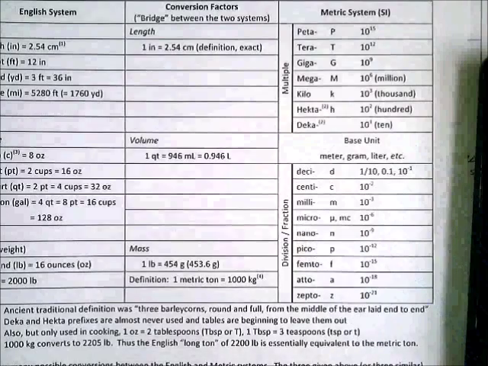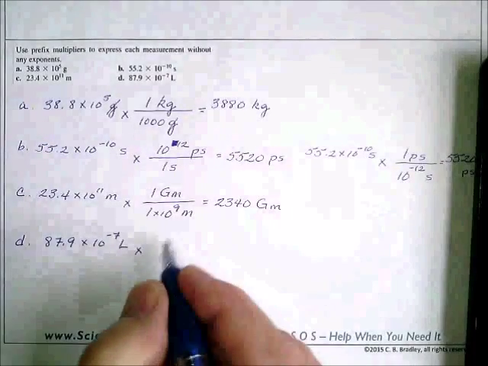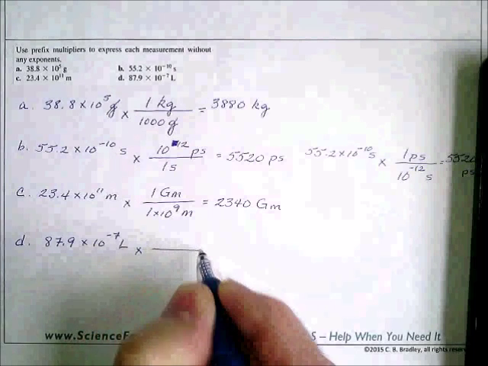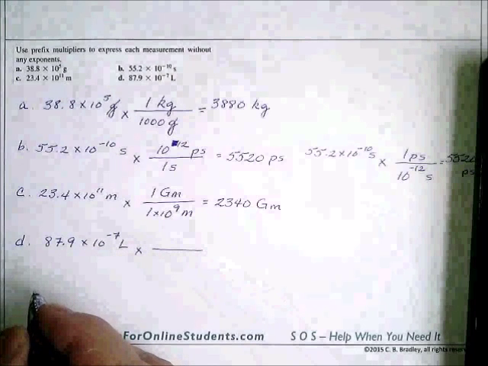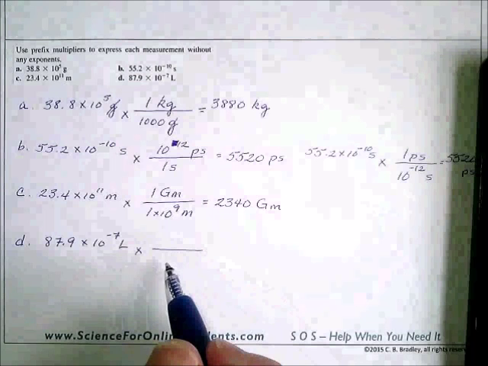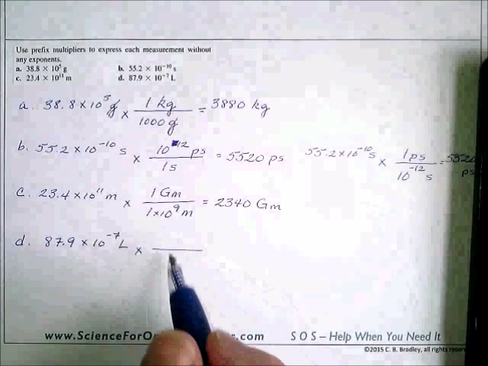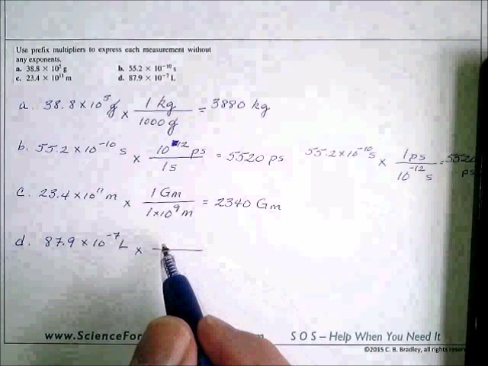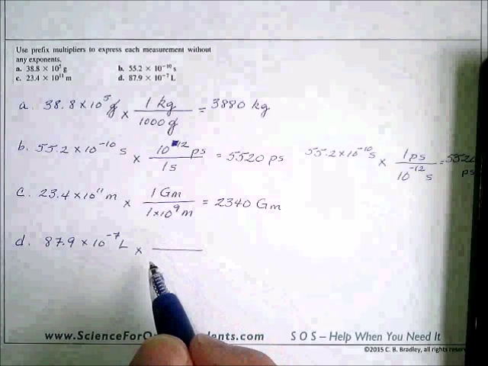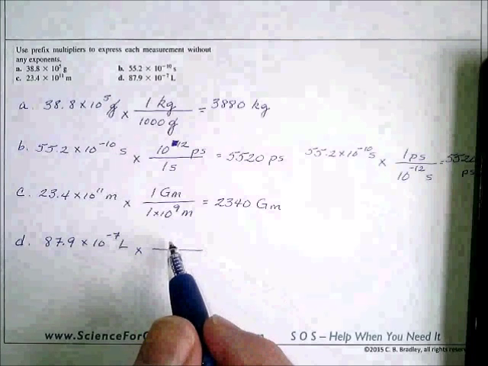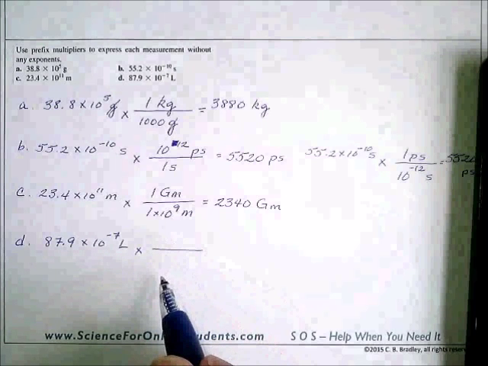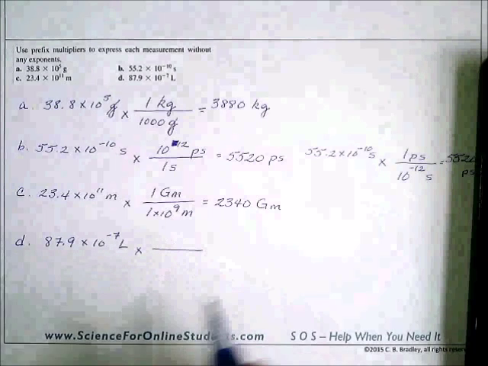It's going to be nanoliters. So we can say 1 liter is 10 to the 9th nanoliters, or we can say 1 nanoliter is 10 to the minus 9th liters. Either way.